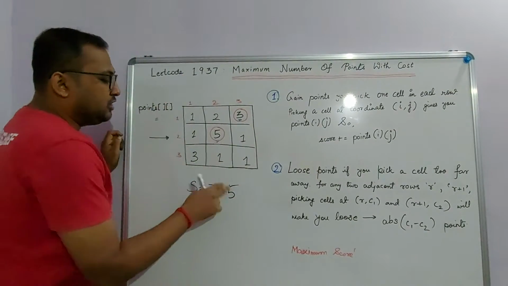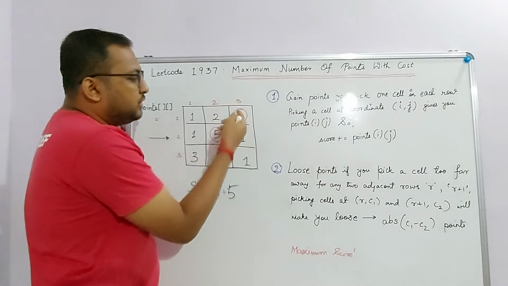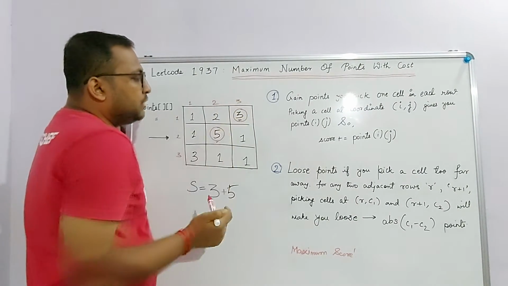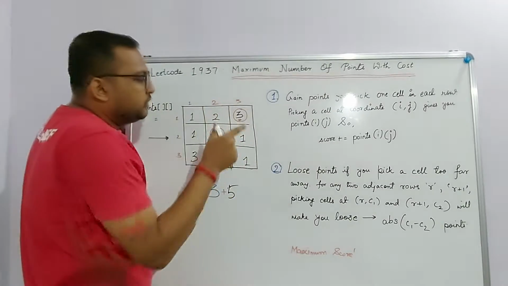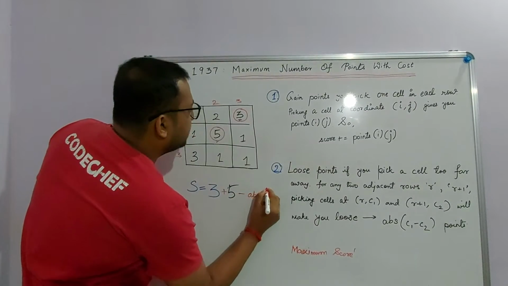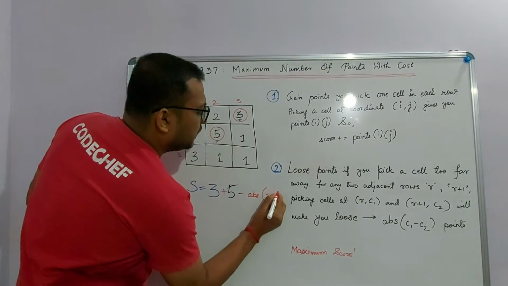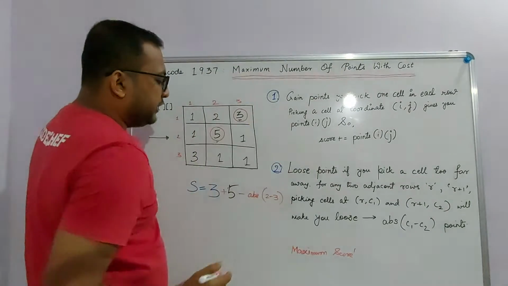So this 5 is added to my score. But now, since there was a transition from this row to this row, you will lose some points. How many points do you lose? It's nothing but the absolute difference between these two columns, which is minus abs(2 - 3). These are the column indexes 2 and 3. So we lose these many points.